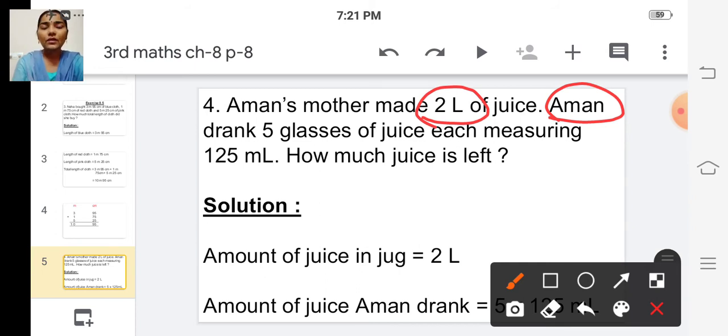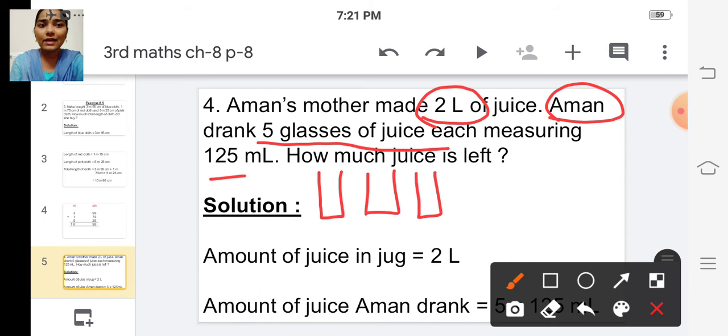Aman drank 5 glasses of juice, each measuring 125 ml. Consider this is the glass. 5 glasses, 4, 5. Each glass is measuring 125 milliliter.